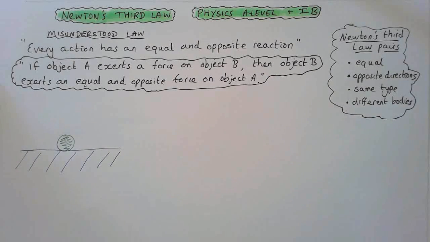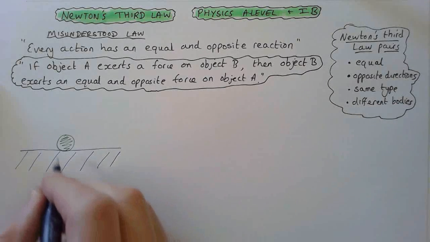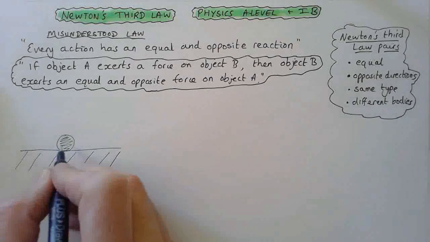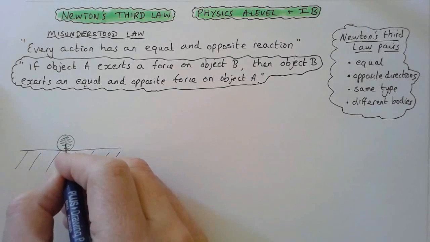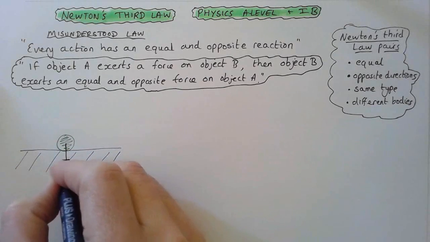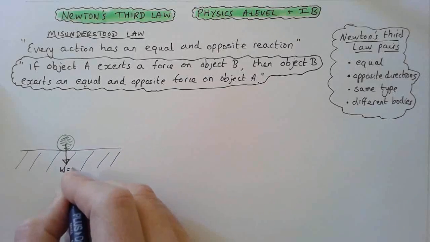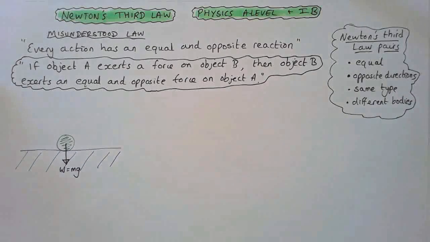Now, so there we go, a tennis ball, football or something on the ground. Let's see if we can find the Newton's third law pairs. Well, the first force that most people think of in this situation is the weight of the ball. Now that usually is drawn acting from the centre of mass. So I can draw that pointing straight down like that, and I'll call it W, or we know that's mg.